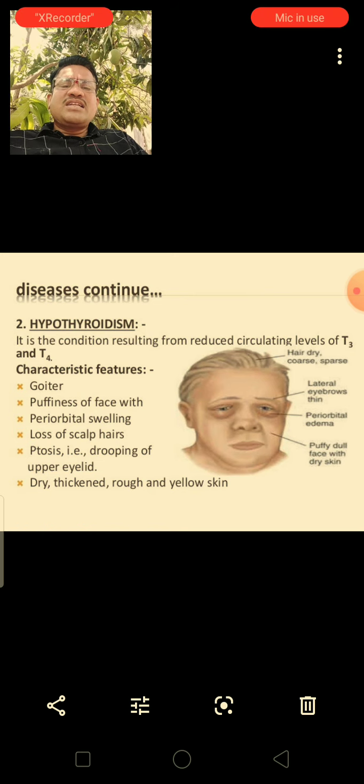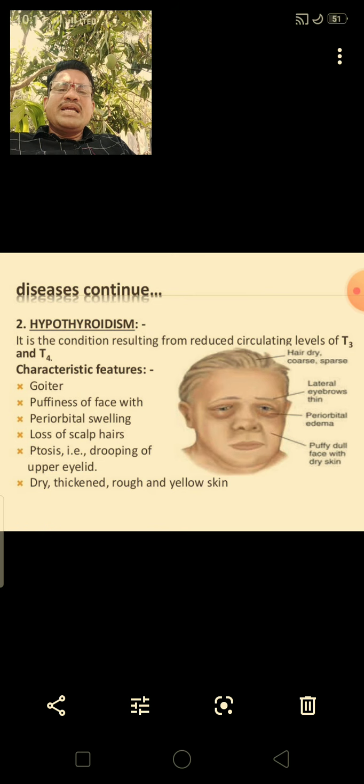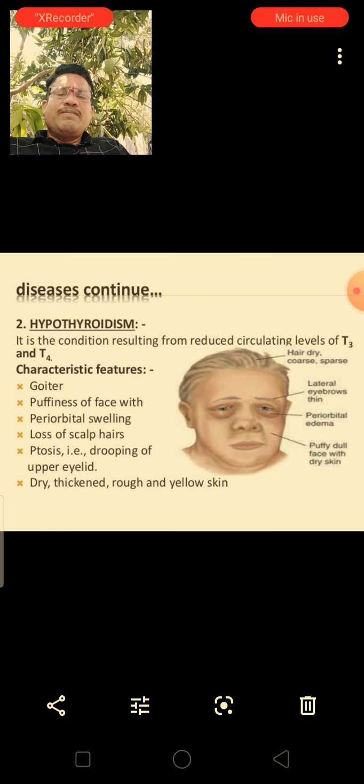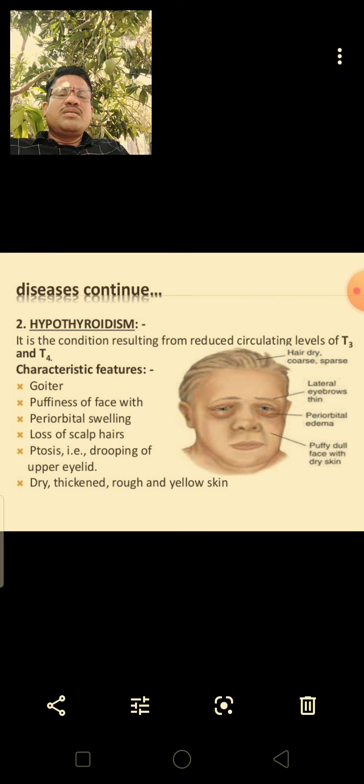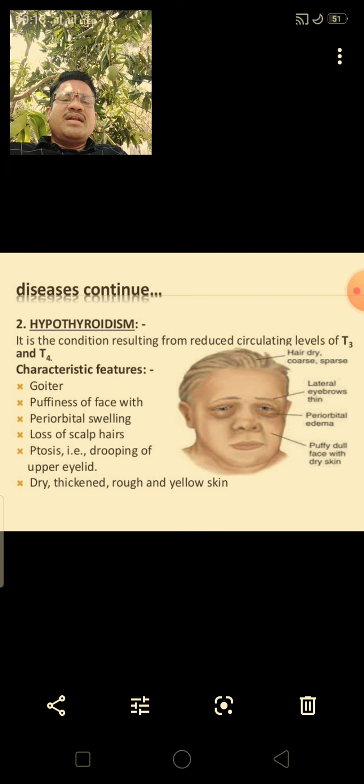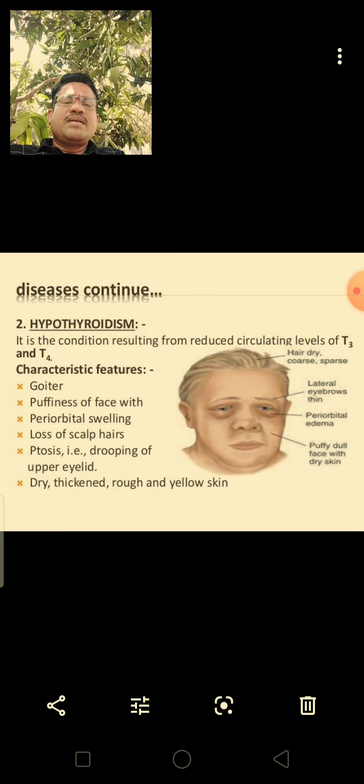Characteristic features are goiter, puffiness of face with periorbital swelling, as you may see in the diagram, dry hair, lateral eyebrow thinness, periorbital edema, swelling, puffy dull face with dry skin.